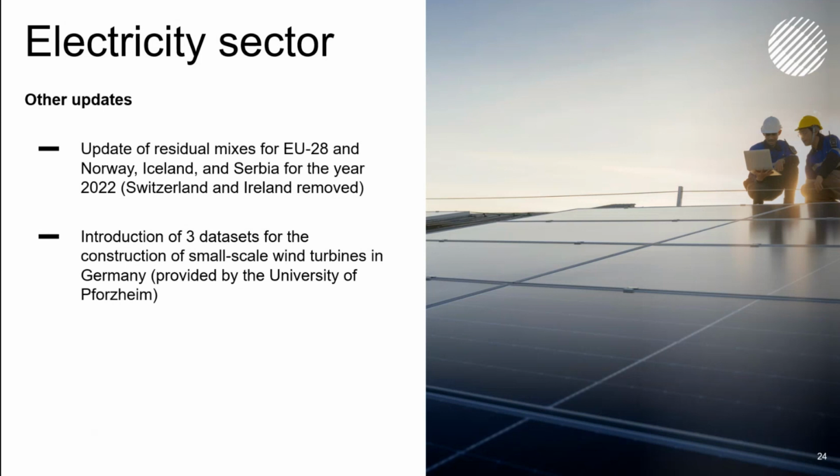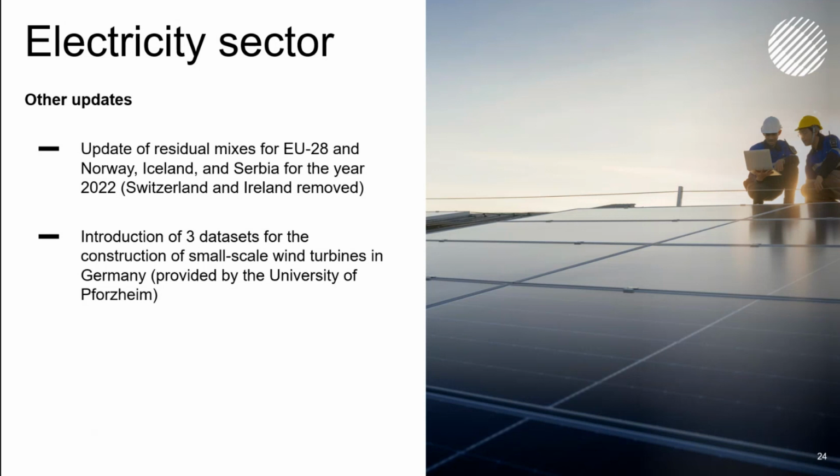In the electricity sector, we also updated the European electricity residual mixes that we had introduced for version 3.9. These mixes represent mixes of untracked electricity consumption, meaning electricity that is not tracked through reliable tracking mechanisms such as guarantees of origin.